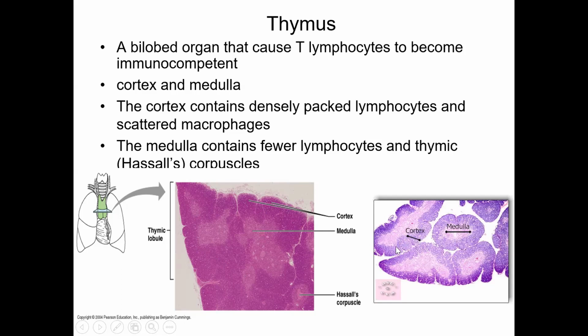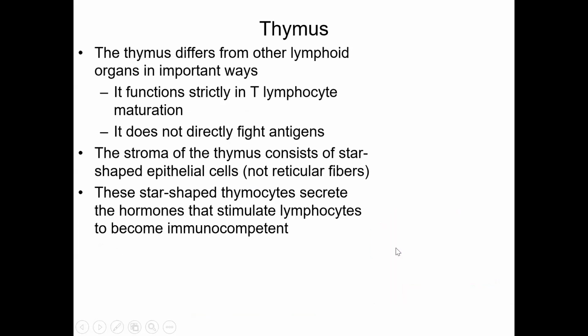If you have a good slide, you can see the outside, which we call cortex, and the inside, which we call medulla. Both of them should have a lot of T cells, just more packed in the cortex part. All right, that's the thymus.